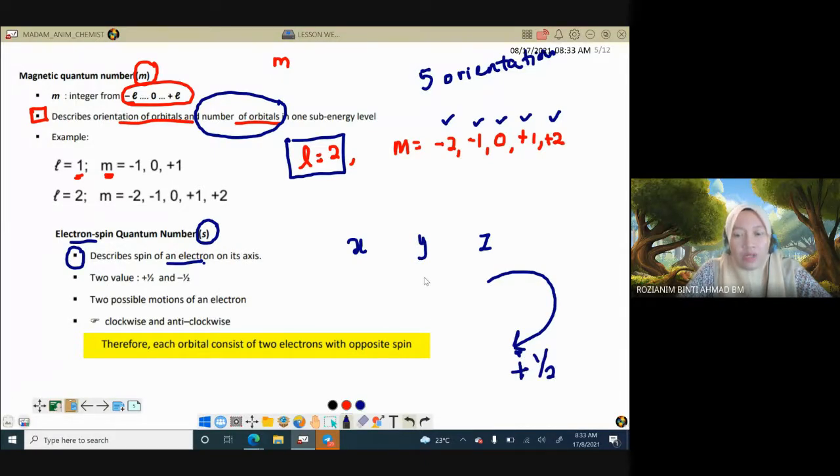Kalau electron to move anti-clockwise, so nilai dia adalah negative half. Itu sahaja, 2 value sahaja. We have the 2 probability of the electron motion, which is either clockwise or anti-clockwise, and the value either negative half and positive half only.